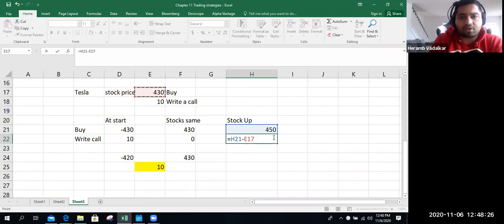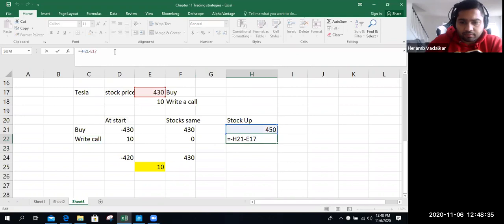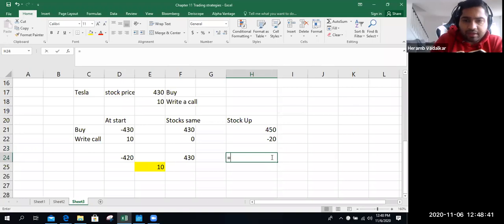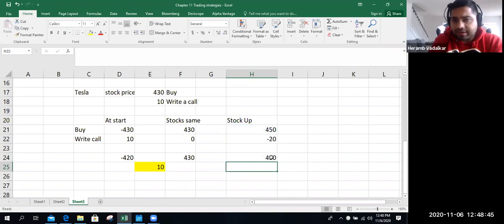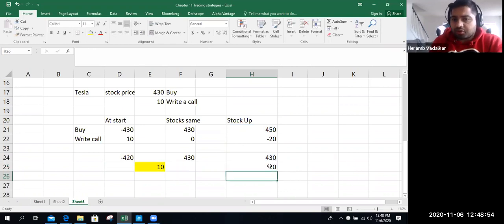Stock price minus exercise price, and he has to pay that. So I'm putting a negative sign. So $20 writer has to pay. Okay. So how much is the money? 430 is the inflow. So you still make $10.